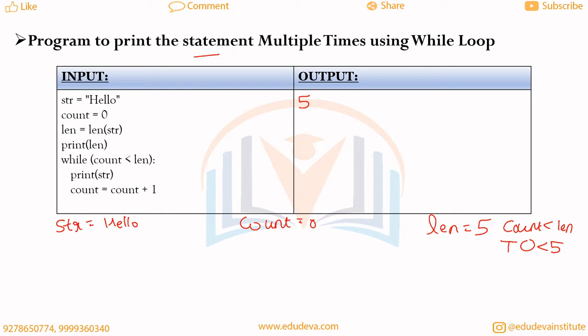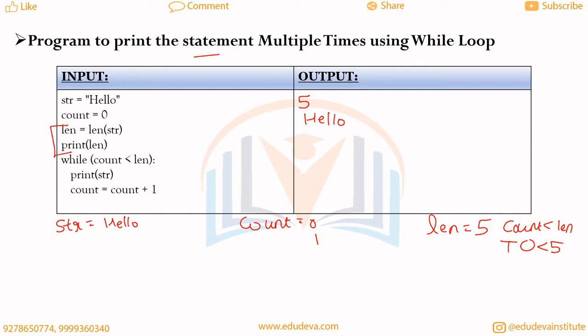As the condition is true, we will go to the statements and print str, which is hello, and increment the value of count by 1. As we have studied earlier, we have already gone through the same situation, but this time we are using the concept of length with a while loop.